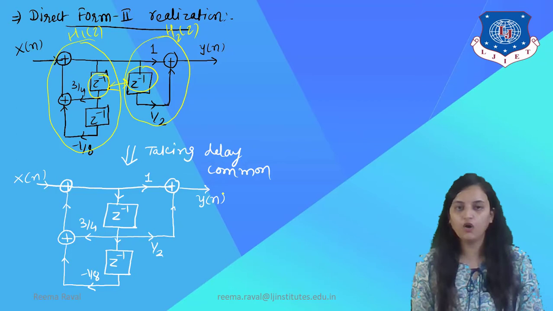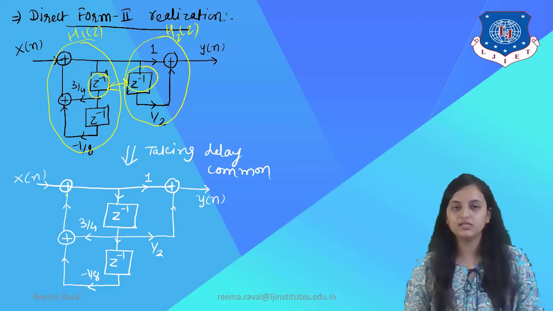So taking the delay common, I can obtain the structure like this. Here, as you can see, the delay elements z inverse are taken as common, otherwise the structure remains the same. So that is the biggest difference between direct form 1 and direct form 2 structure. In direct form 1 structure, you cannot take the delay elements common because in between you have the adder block.